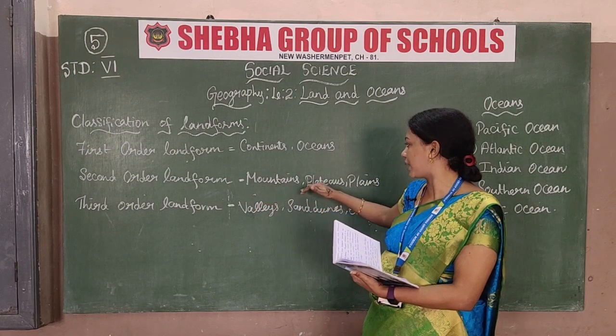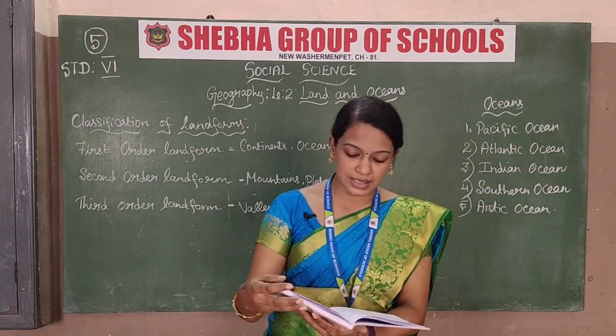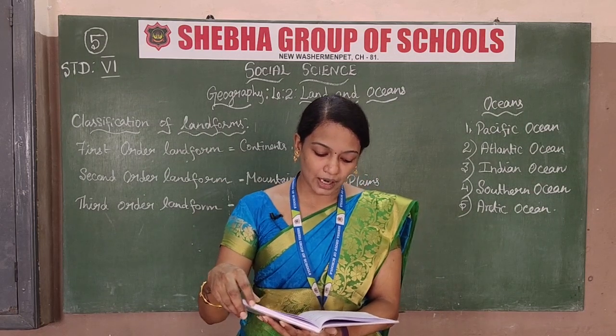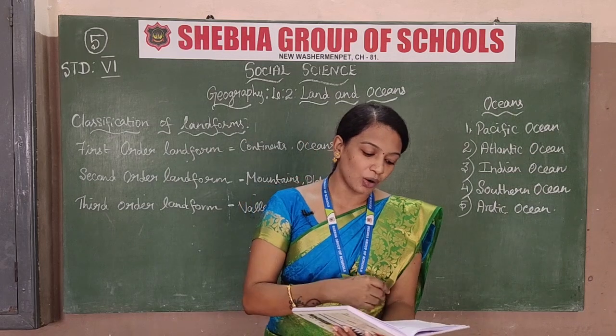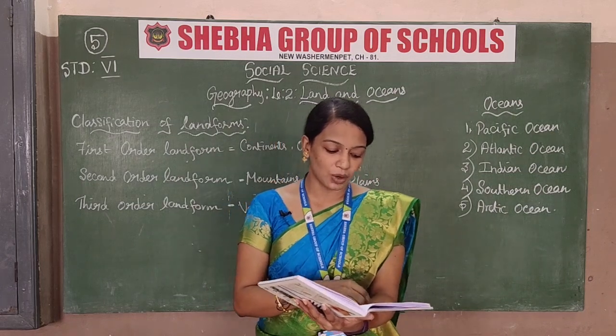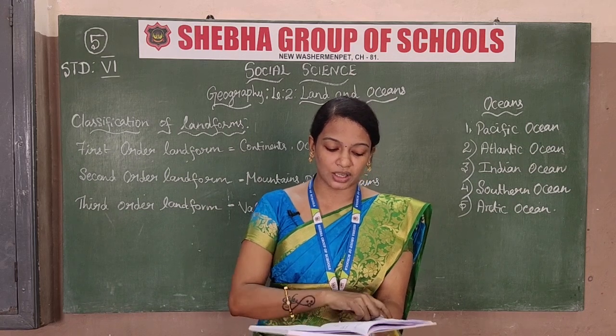We have mountains, plateaus and plains. In mountains, a landform that rises 600 meters above its surroundings is called a mountain. Mountains are found in isolation. Mountains that extend over a large area continuously are called a mountain range.